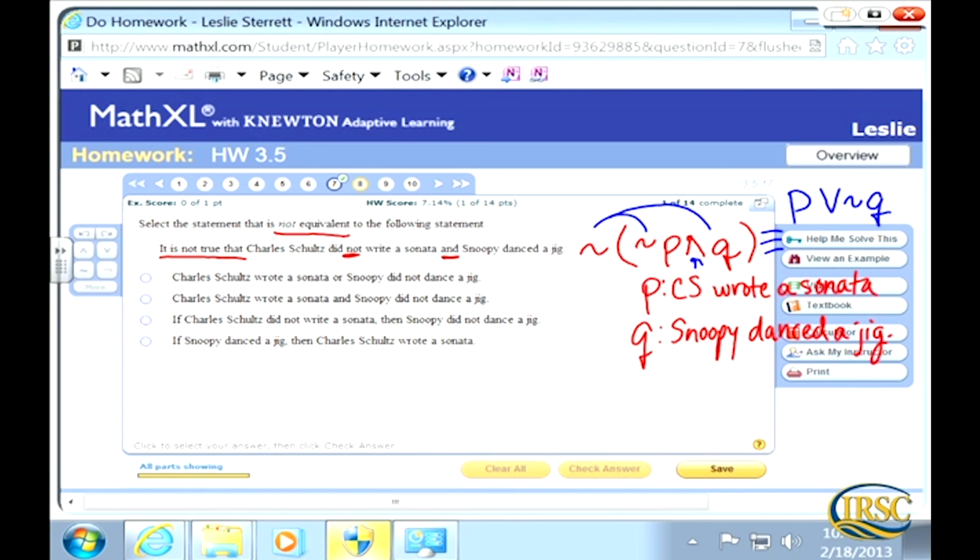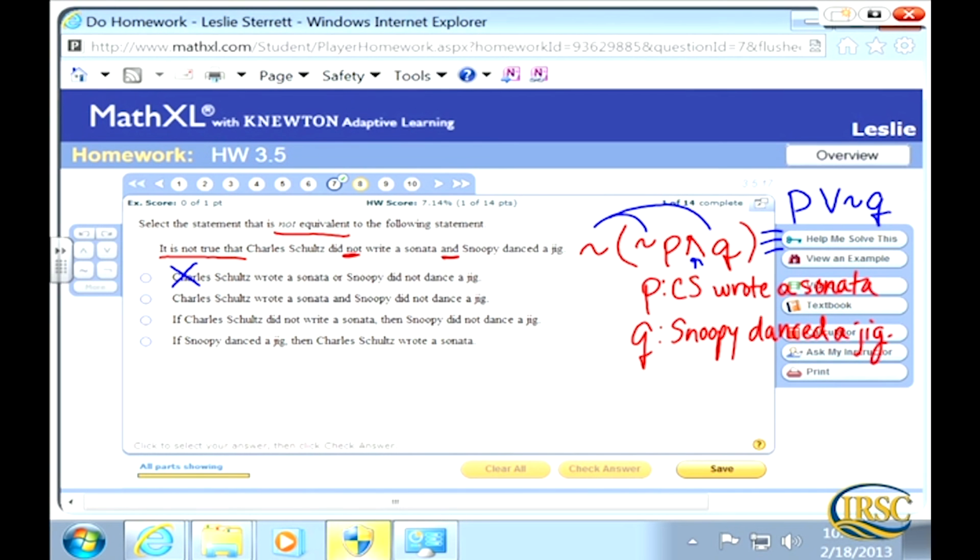Was that one of your choices? This would translate to Charles Schulz wrote a sonata or Snoopy did not dance a jig. Which letter is that? A. I guess there's no letter, huh? First choice. We can eliminate that first choice because that is one of the equivalent statements.